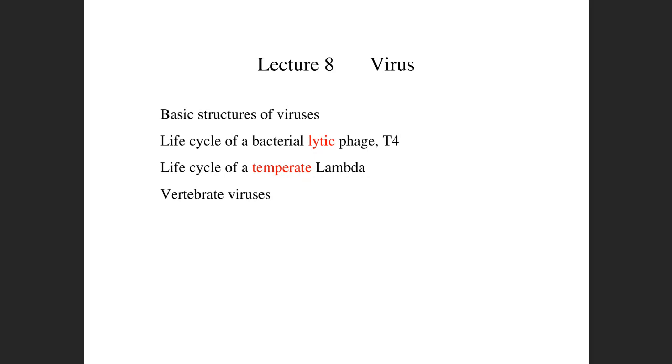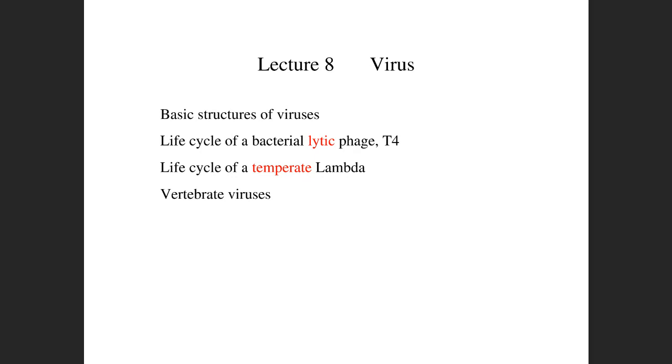Okay. So we'll cover the basic structure of the virus, and then we will use 2 bacterial viruses as an example to talk about 2 types of virus: lytic, and the more complicated, what's called temperate virus, called Lambda.